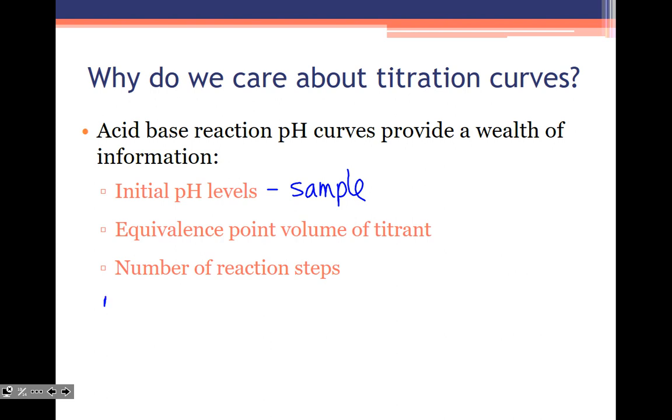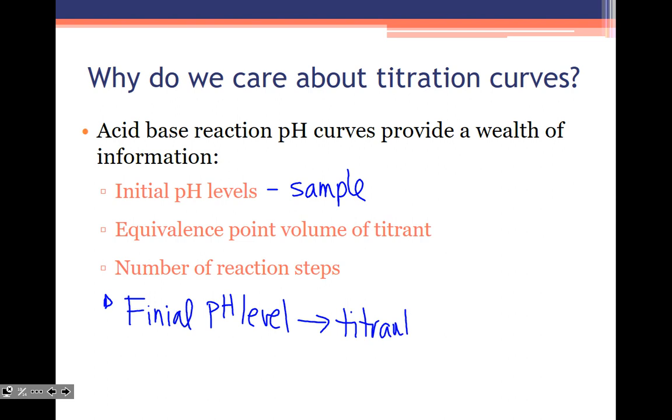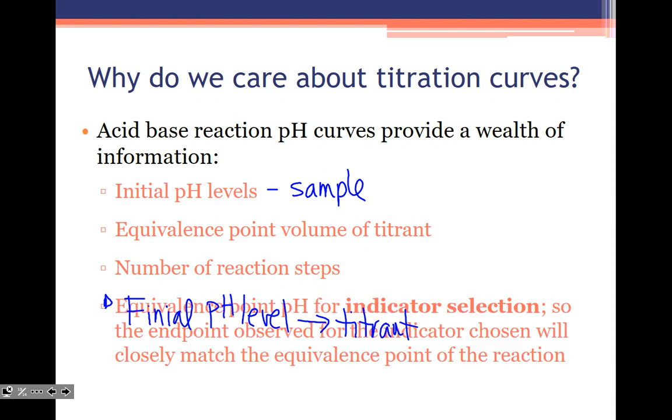And the final pH level talks about the titrant. That's really important as well. Oh, maybe I should erase that, and then we can read this. Equivalence point pH for the indicator selection. So the endpoint observed for the indicator chosen will closely match the equivalence point of the reaction.